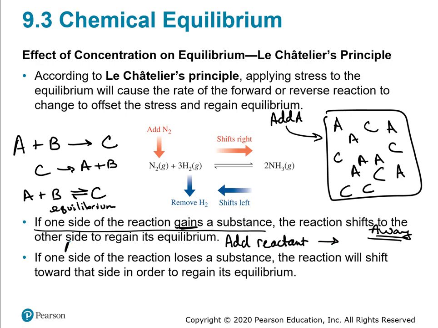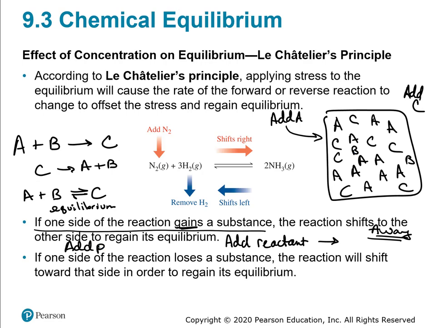So what if I add product? What if I add C? If I start dumping C in, the reverse reaction will occur. So this C will now become an A and B. This C will now become an A and B. This C now becomes an A and B to try and restore the relative amount of A, B, and C present in the container.